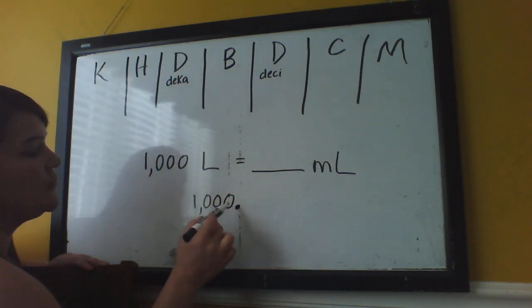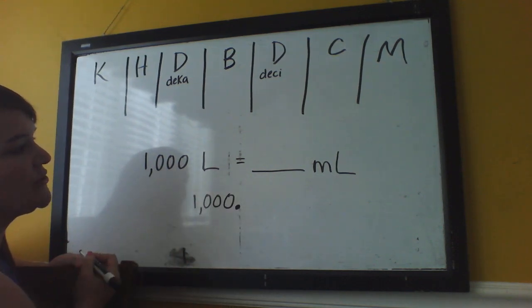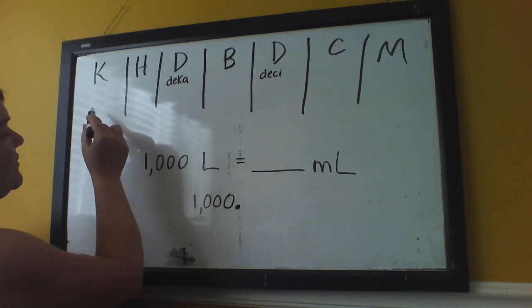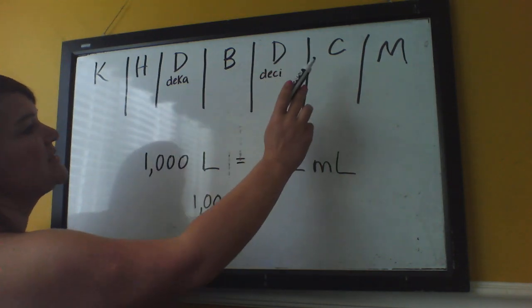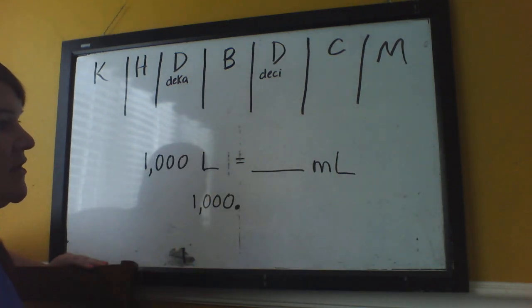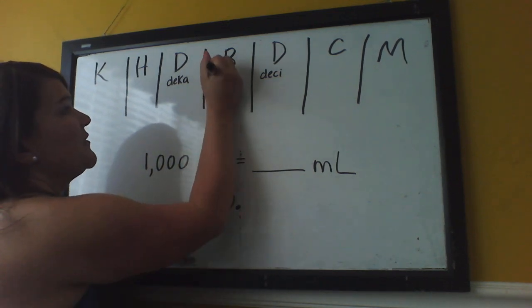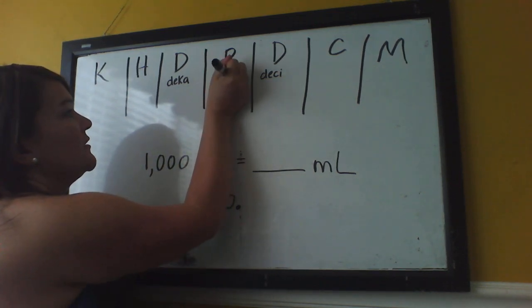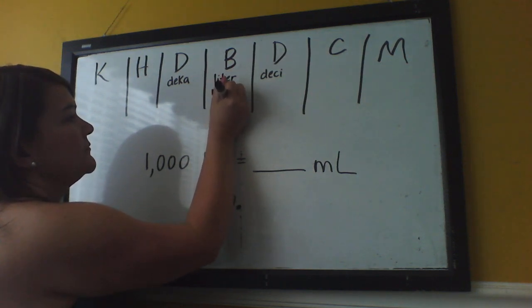So I have my number with my decimal at the end, and I know that I'm starting at liters. Well, if I look at my chart, this is kilo, hecto, deca, base, deci, centi, and milli. So nowhere on my chart do I see an L. That's because it's part of our base. Remember, the base is liter, meter, or gram.